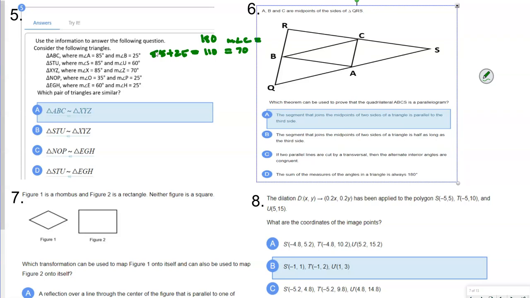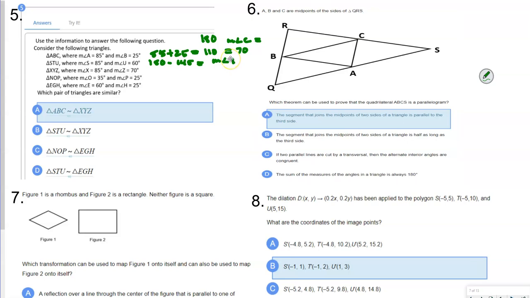Add 85 to 60. 85 plus 60 is 145. And we're going to subtract that 145 from 180. So for this angle, we're going to get 35 degrees. So this is ST, so this is going to be the measure of angle T, and this one is going to be 35, right?